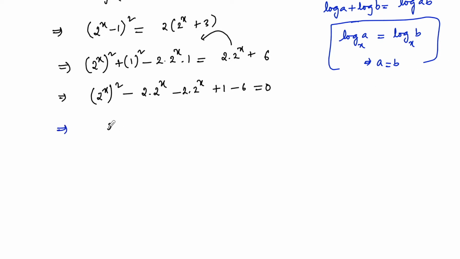Which implies 2 power x whole square minus 4 times 2 power x minus 5 is equal to 0.